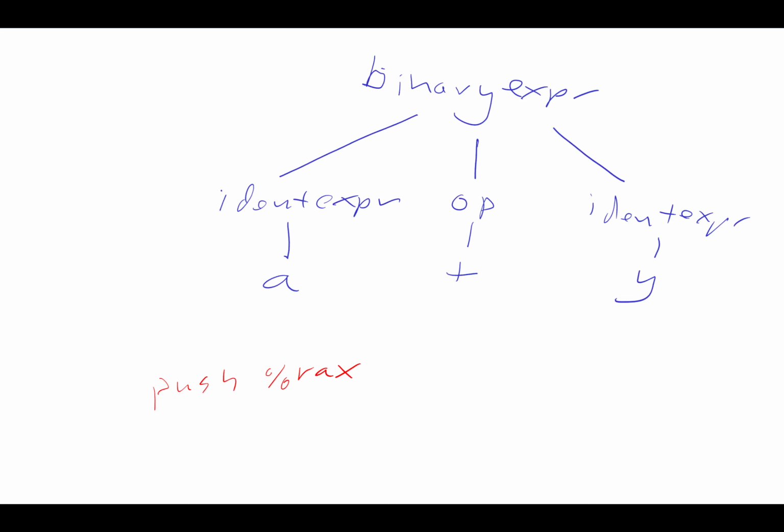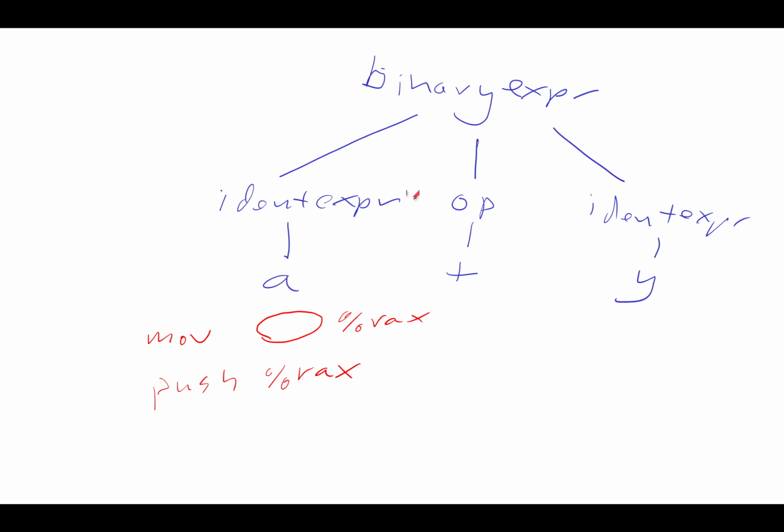But we also need to get RAX filled with the value of A. So in order to do that, I need a move, and I need to move from some memory location to RAX in order to get its value and push it onto the stack. With me so far? Any questions about this?